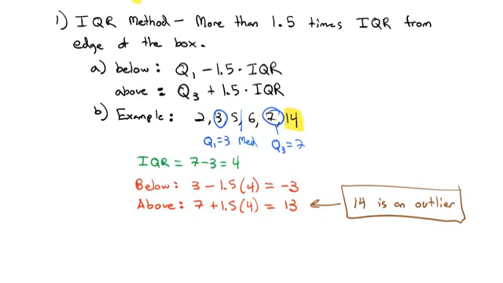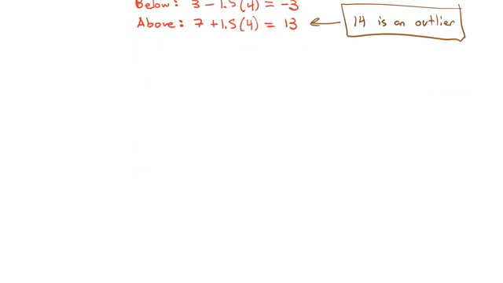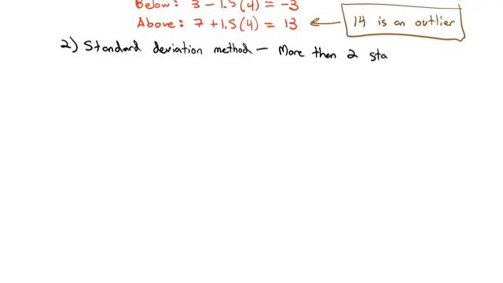Now that's the interquartile range method. I said there's a second method. It's based on the standard deviation. The standard deviation method says that anything that is more than 2 standard deviations from the mean is an outlier.